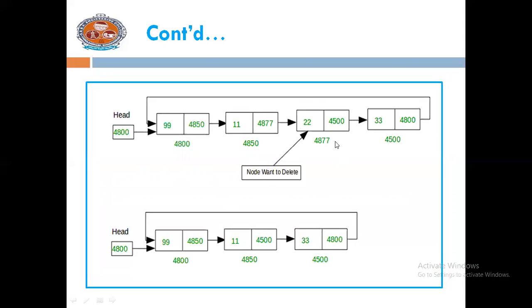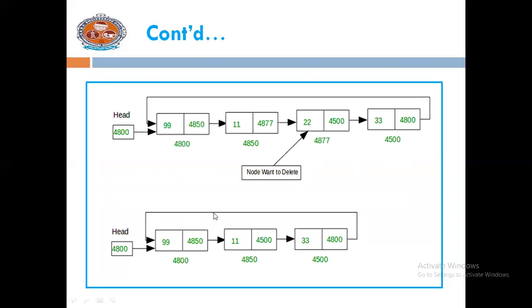So after deleting this node 22, the link part of node 11 at the previous position, 4850, must point to 4500 but not to 4877. We are deallocating this memory. So the 4850 link part must point to 4500.